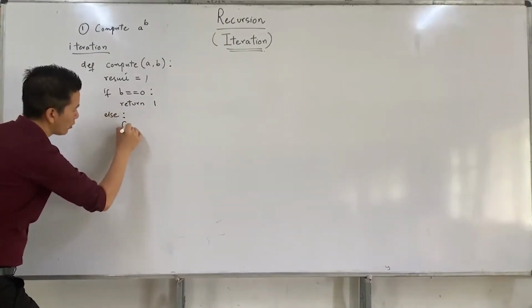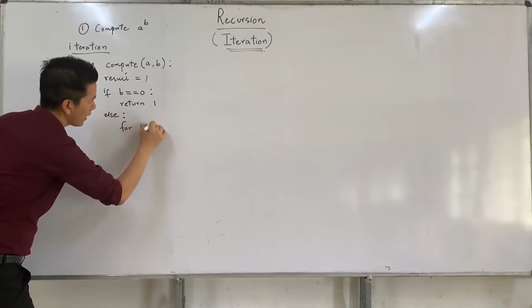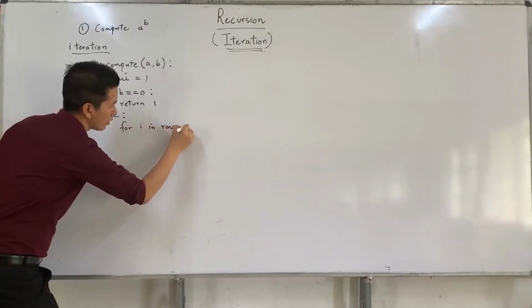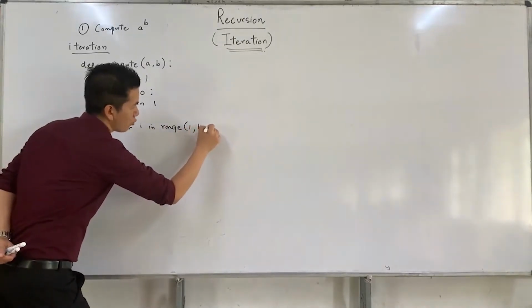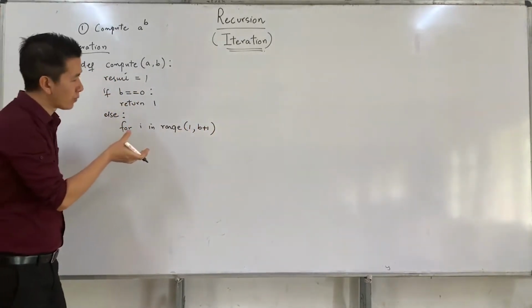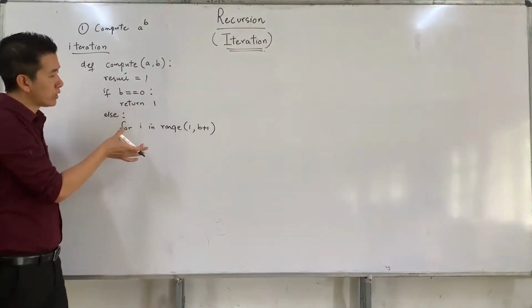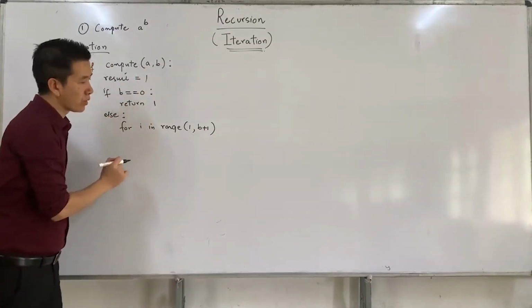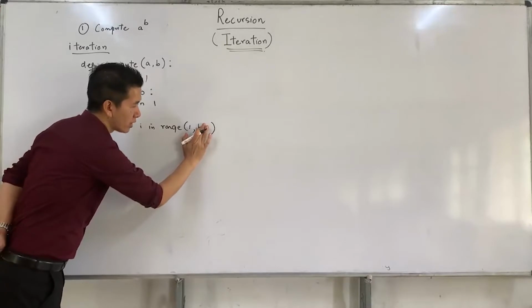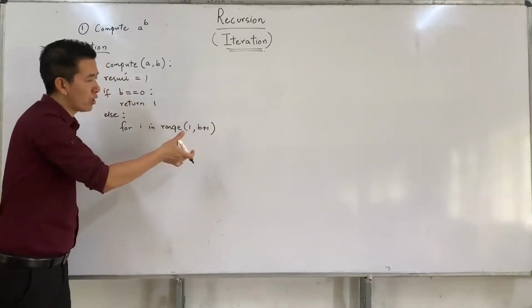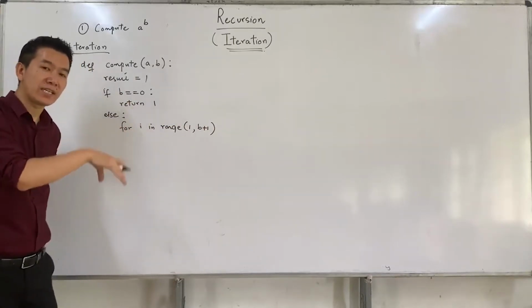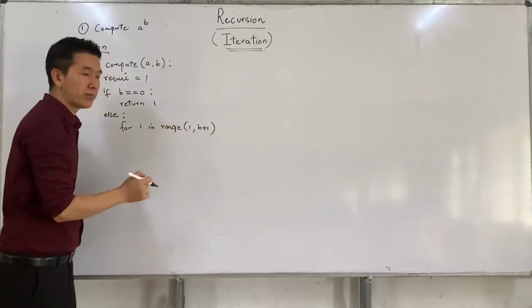Okay? I'll run a loop for i in range, and then 1 comma b plus 1. This is important. I want to move the loop till the value of b. So if I do not have this, the value of b will not be included. So in order to make sure that the value of b is indeed included, I add 1 to it.